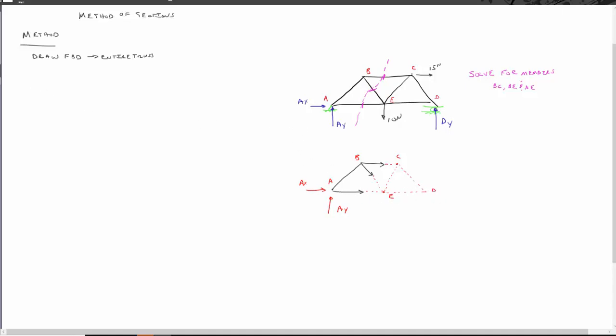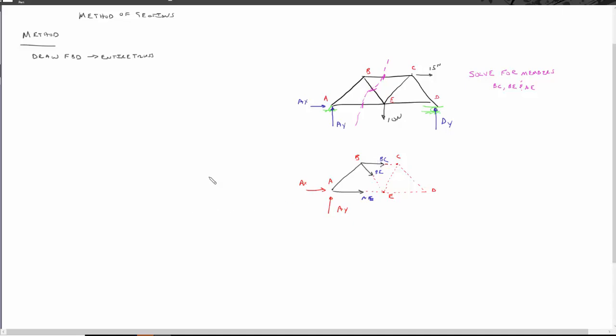So in this case, I would be solving for BC, BE, and AE. Now, just like we did with the method of joints, we draw everything in tension. If we compute and it comes out negative, whether I'm computing for AE or any of the members, the axial force would then be in compression.